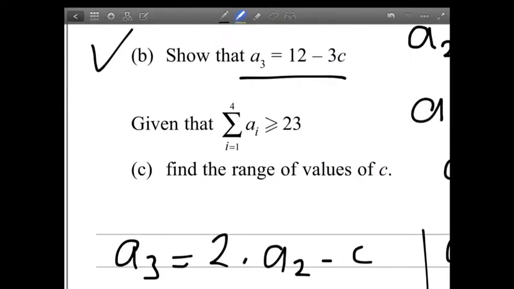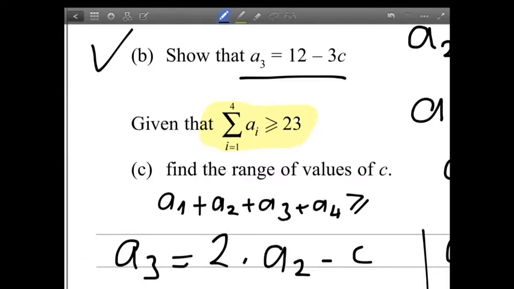Yes, this notation tells us to add the first 4 terms, A sub 1, A sub 2, A sub 3, and A sub 4, and the sum is greater than or equal to 23.